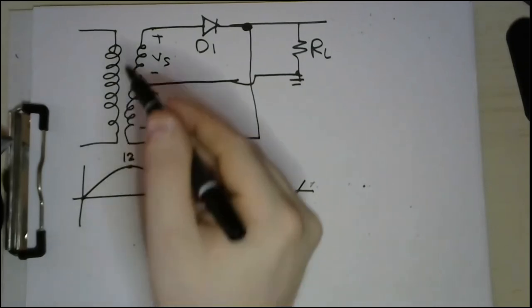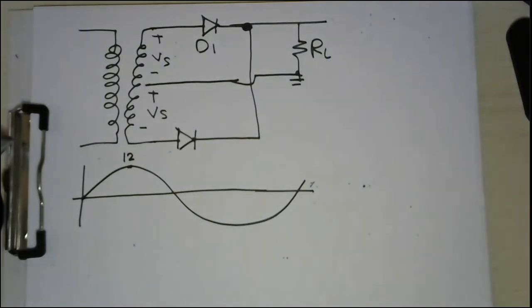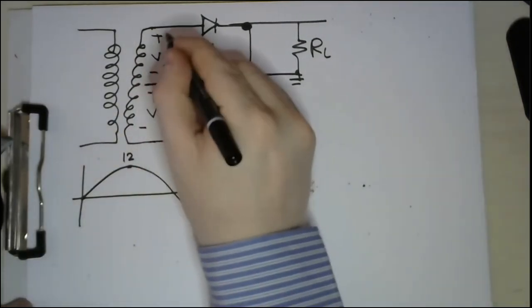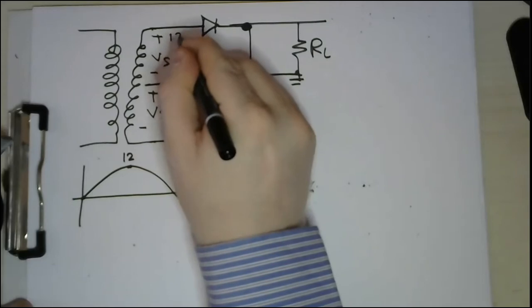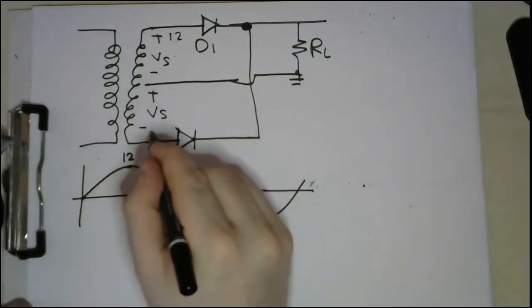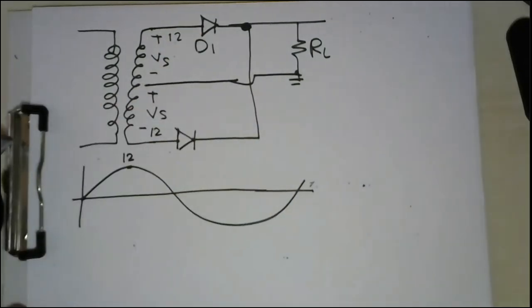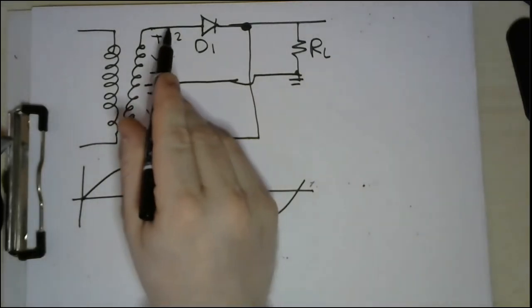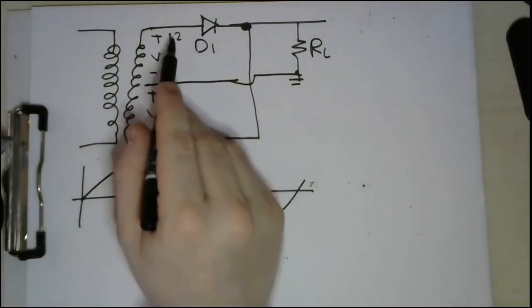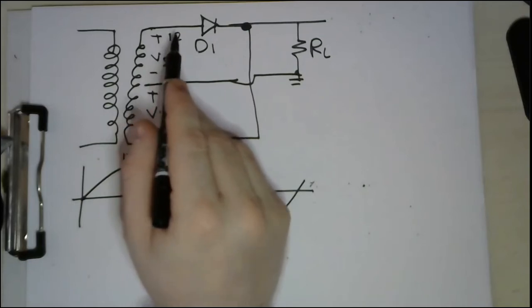If we reflect this point on the circuit, then I have plus minus 12 here and plus minus 12 here. And this is a common ground. That means that you are connecting your D1 anode to a plus 12 voltage.